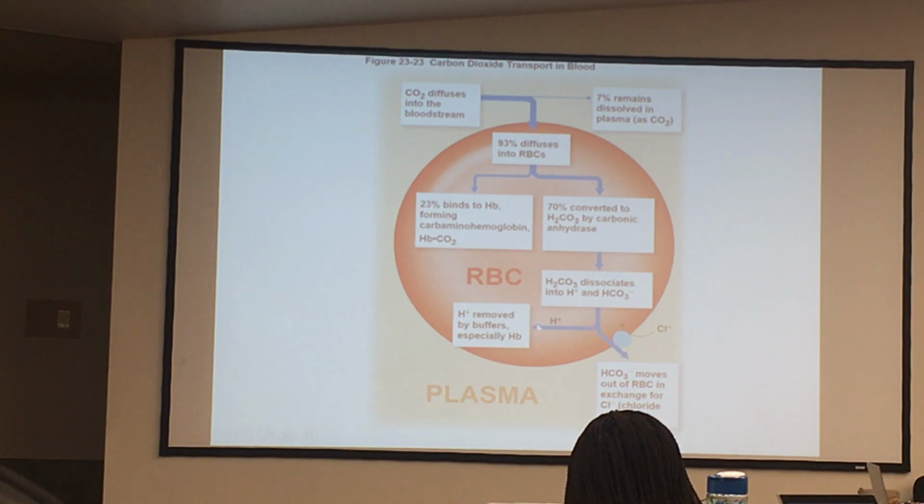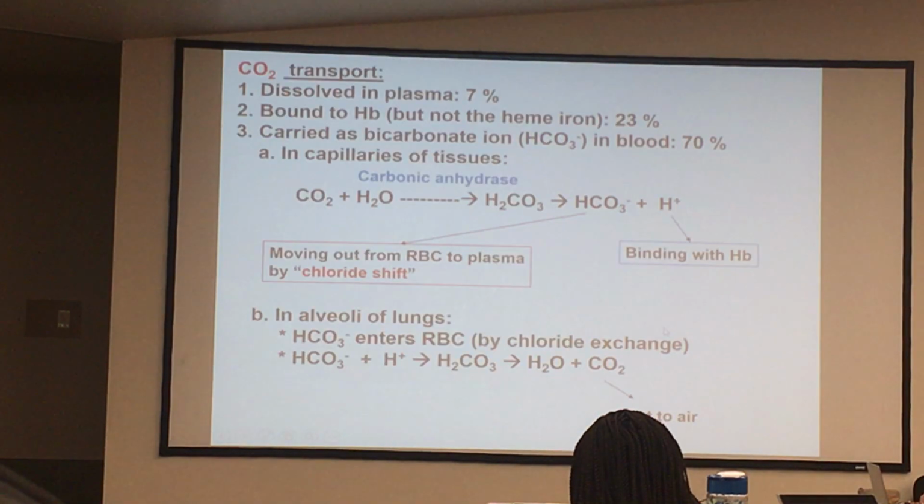Okay, and that is the major one. And the other 23% binds to the alpha chain, beta chain. And we call this the chloride shift. Chloride moves in and bicarbonate ion moves out. They both have this negative charge.